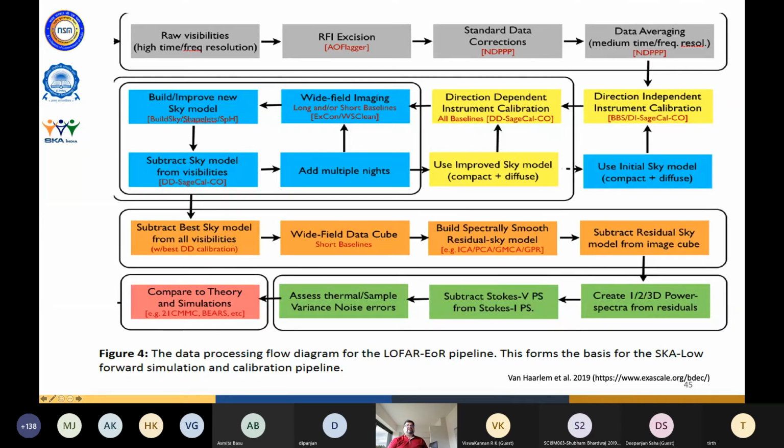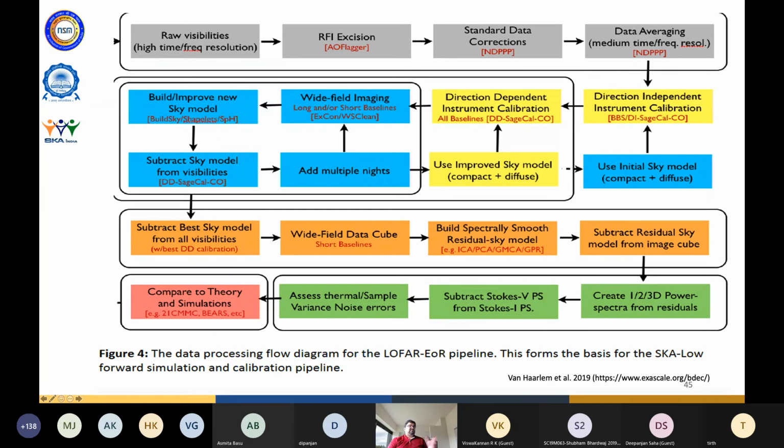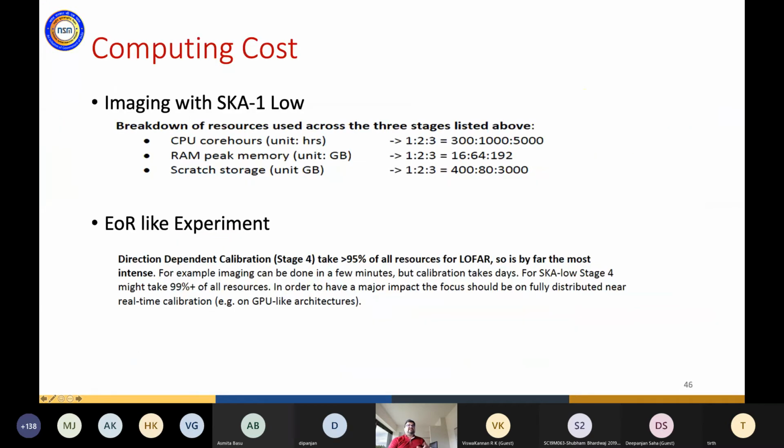We take a lot of raw visibilities, do the RFI excision with a routine called AOFlagger, and then you correct and do a bunch of in-between steps, and you do direction dependent calibrations right here. A few numbers: when you're doing imaging, it is fine for SKA1-like telescopes.